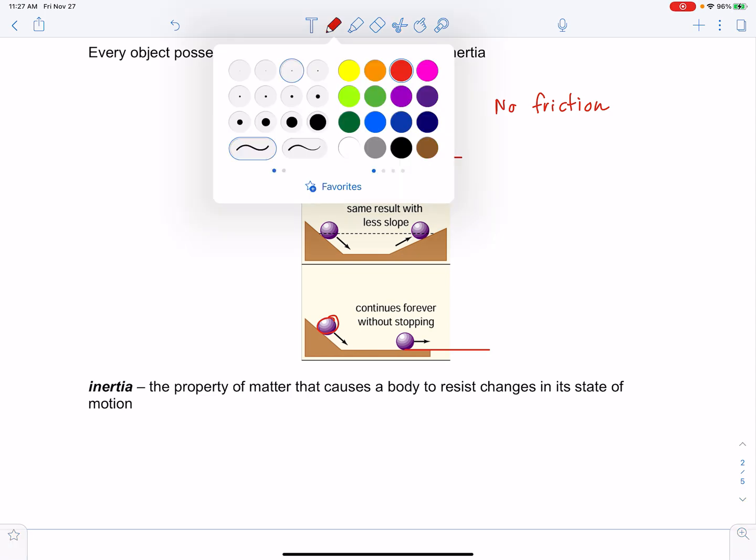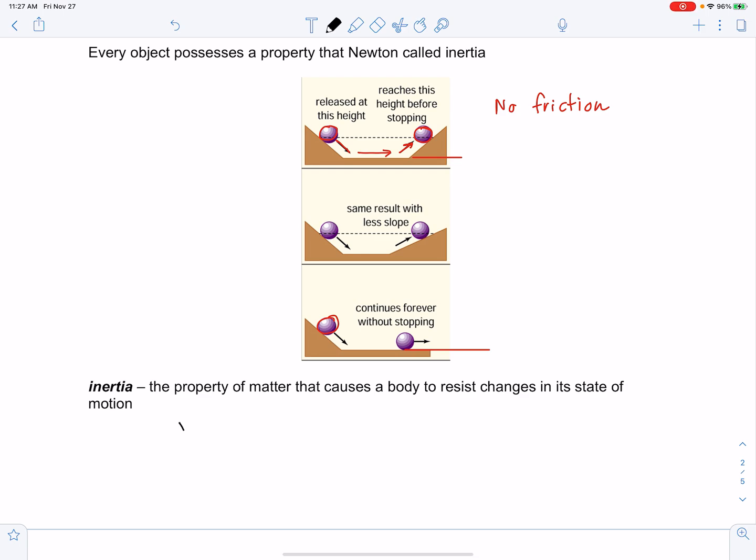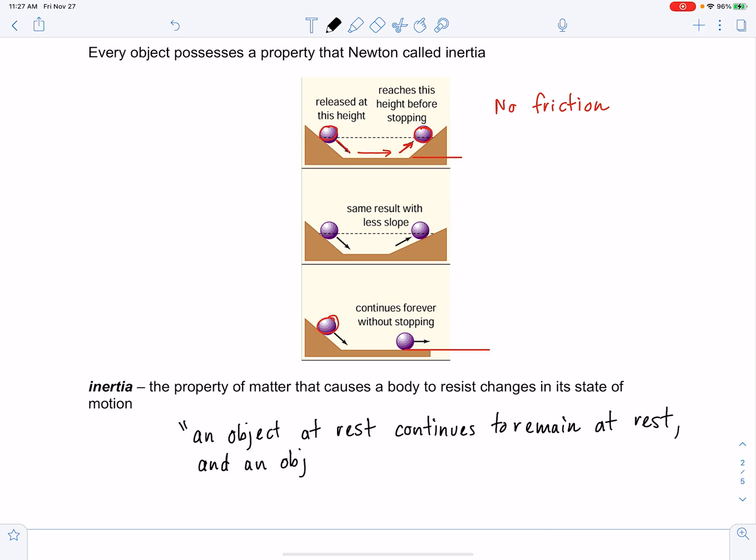So a simple way to describe the principle of inertia is: an object at rest continues to remain at rest, and an object in motion continues to remain in motion.